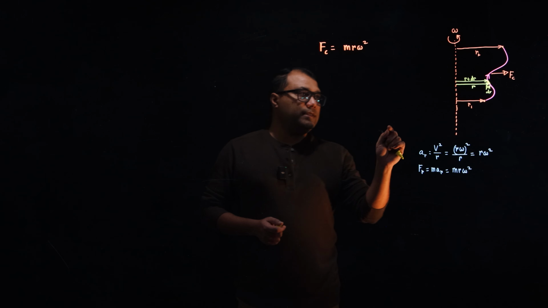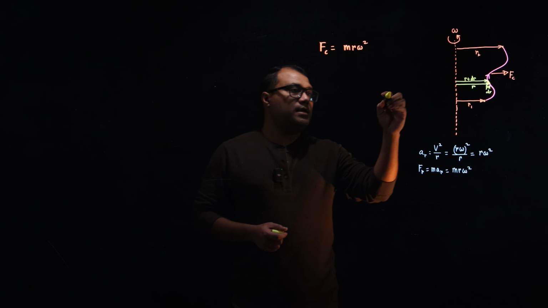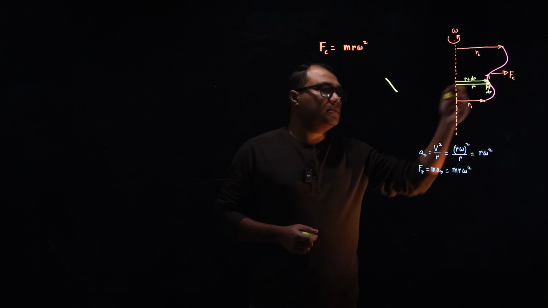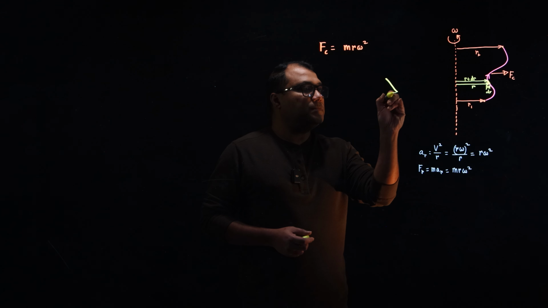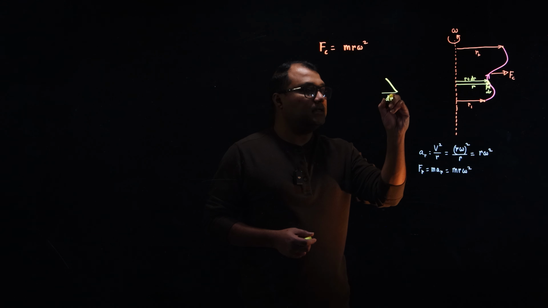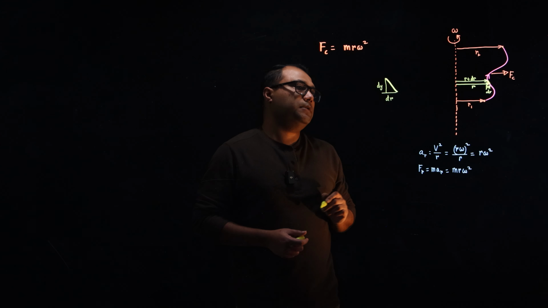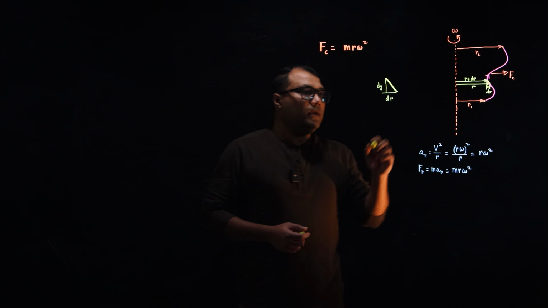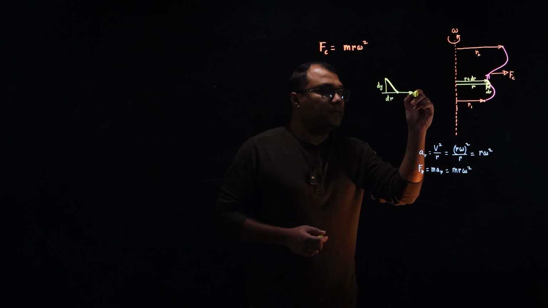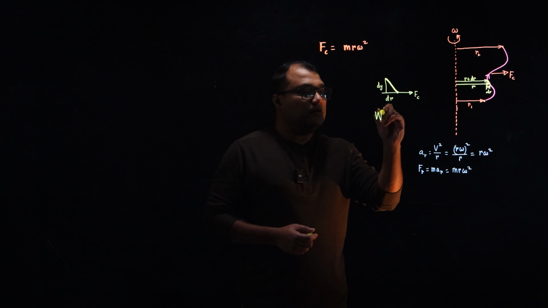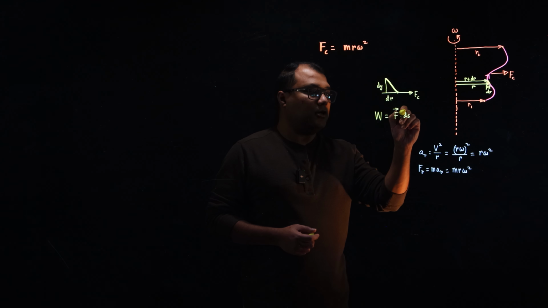in the horizontal direction in the displacement along F_c, because any displacement, let us say part of this, if I enlarge that, there is some displacement that is happening in the horizontal direction, and then there is some displacement that is happening in the vertical direction. Now, because the force is always acting this side, you remember work done is F dot ds, it's the dot product.